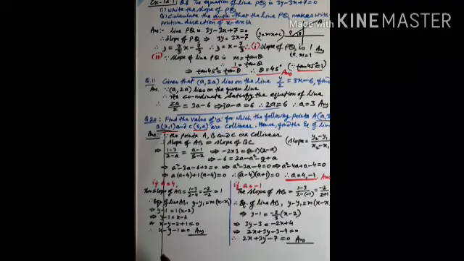So you get y minus 1, because y1 is 1, equal to 1, the slope you got, into x minus x1. What is x1? x1 is 2. So you write x minus 2, and on simplifying all this you will get x minus y minus 1 equal to 0 as one equation.